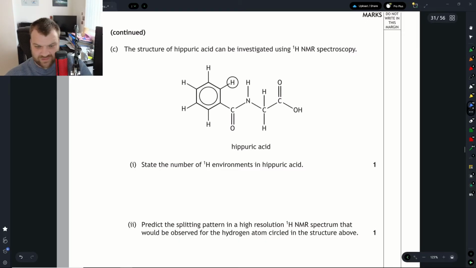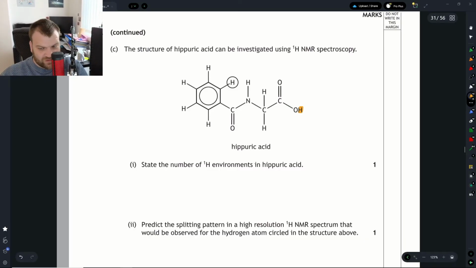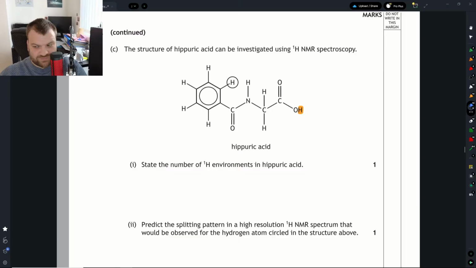Here we're looking for the environments. So our first environment would be the hydrogen from the carboxyl group. Both of the hydrogens attached to the carbon here would be your second environment. We then have a hydrogen on the nitrogen. That would be a different one.